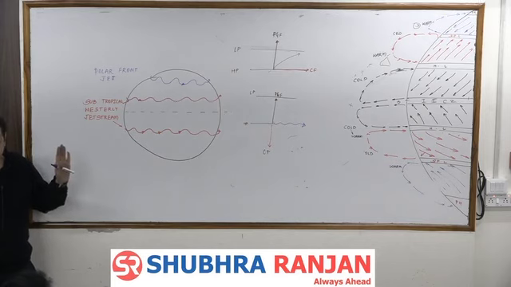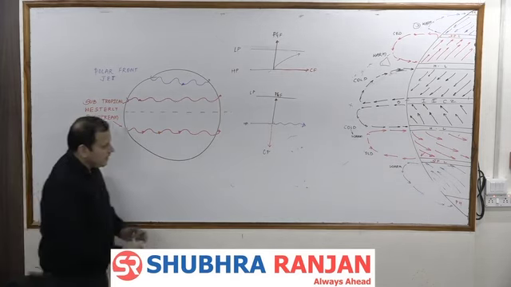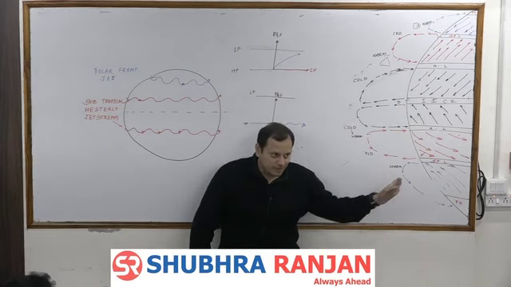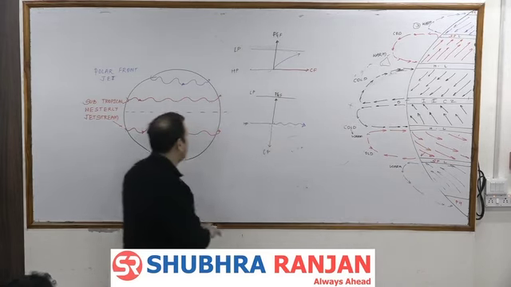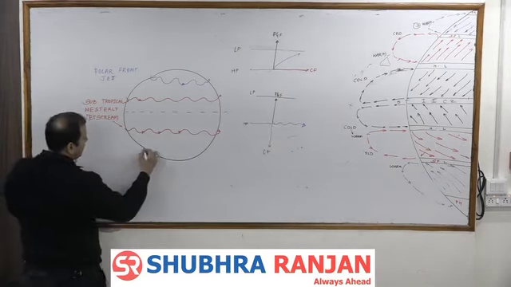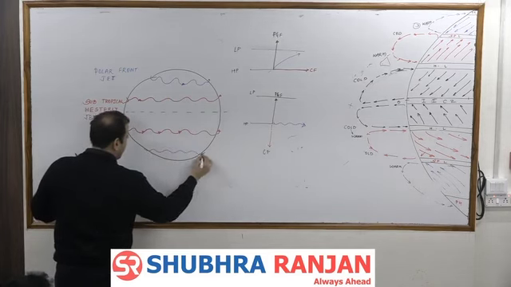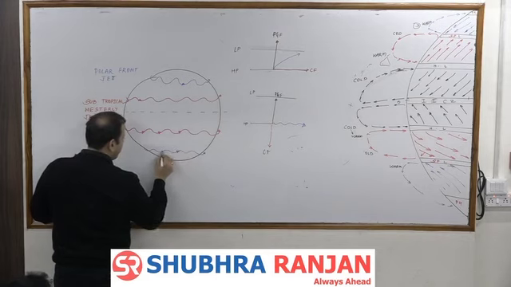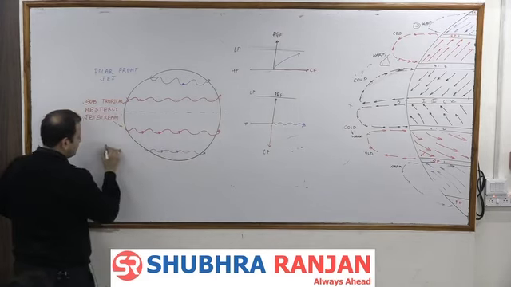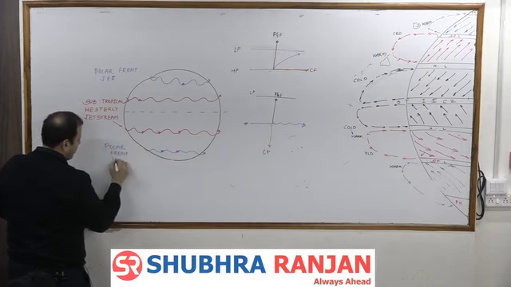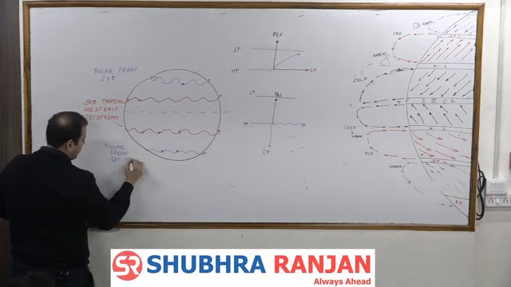Subtropical westerly jet stream. Similarly, it is going from cold to warm, but it will get deflected to the left, and therefore we have the polar front jet stream.